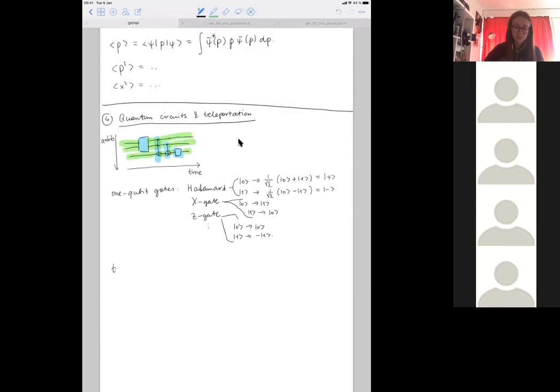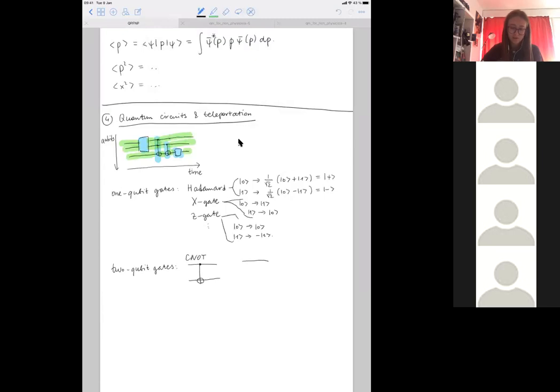Then there are 2 qubit gates, out of which the most famous is CNOT. And CNOT can be seen as being similar to what is done in classical computation with just bits, because it performs a sort of logical operation.